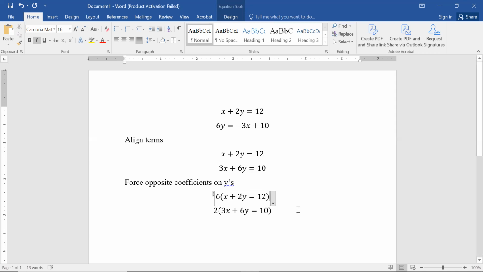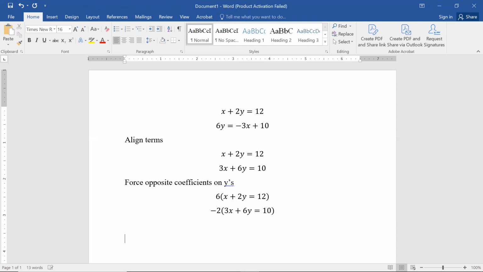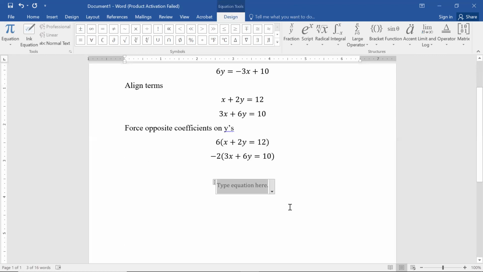In order to get opposites, I need to change one of the signs. I can either change that 6 to a -6 or the 2 to a -2. I'll choose the 2, changing to a -2. When we multiply through, we end up with 6x plus 12y equals 72.